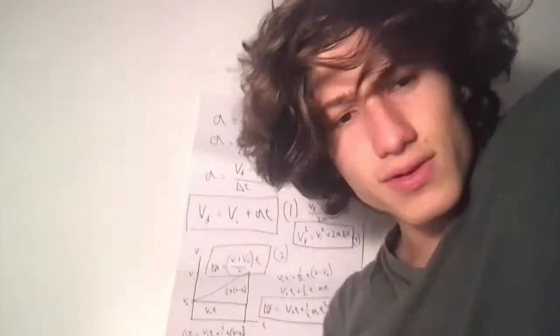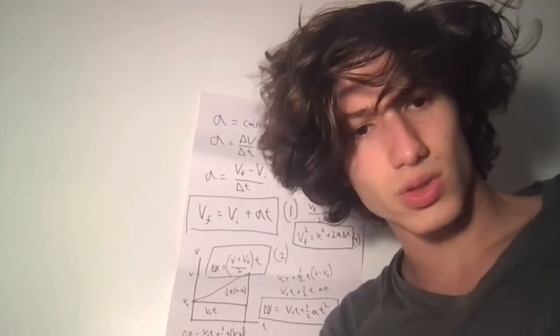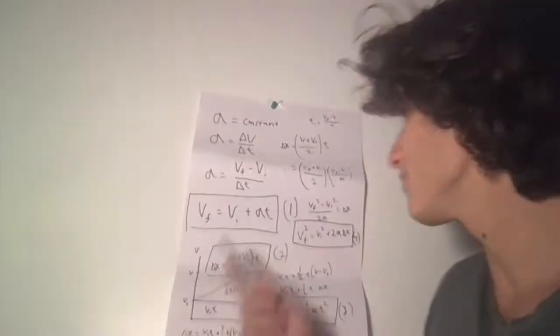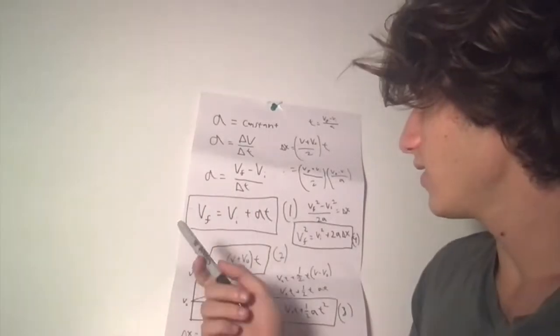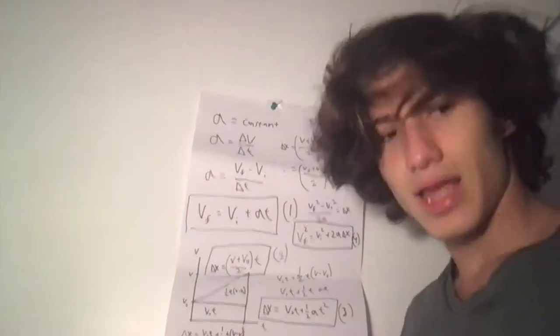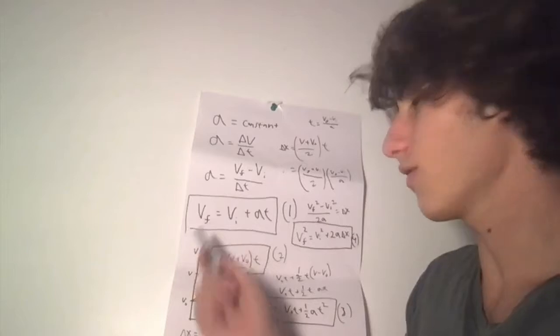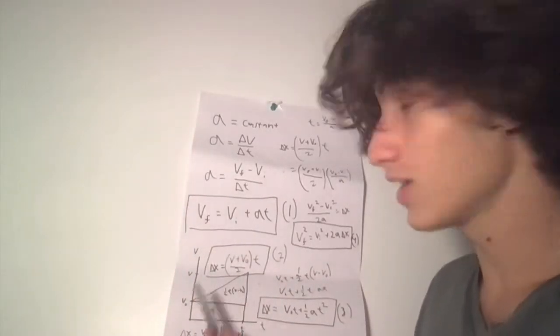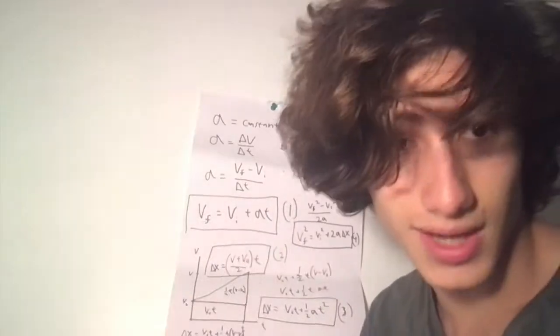So then the difference in velocity will just be the final velocity minus the initial velocity. Simple as that. So we rewrite this as acceleration is equal to v final minus v initial over difference in t. Now we're going to choose to solve for v final, and we have our first kinematic equation derived. V final is equal to v initial plus acceleration times time.